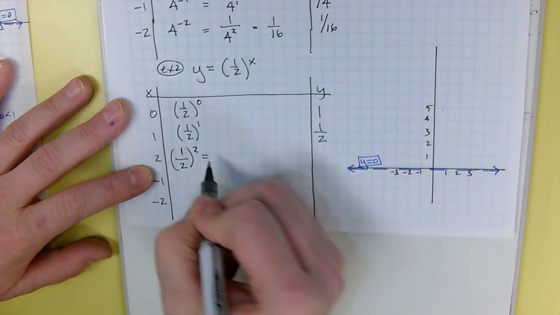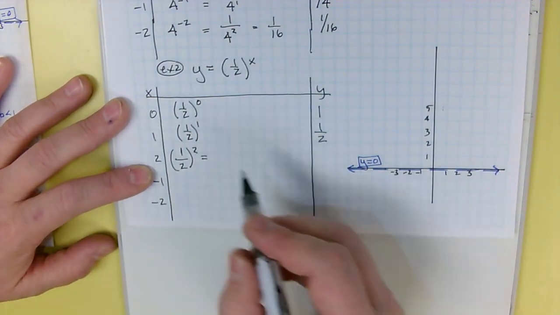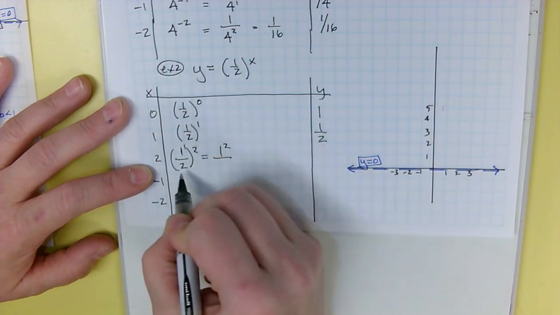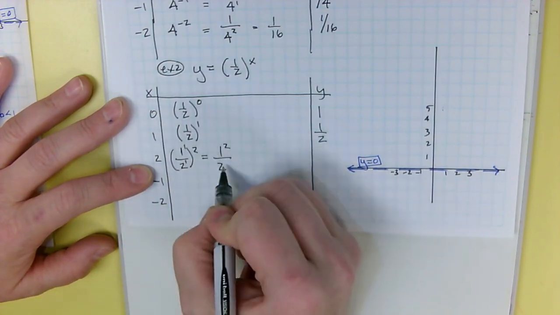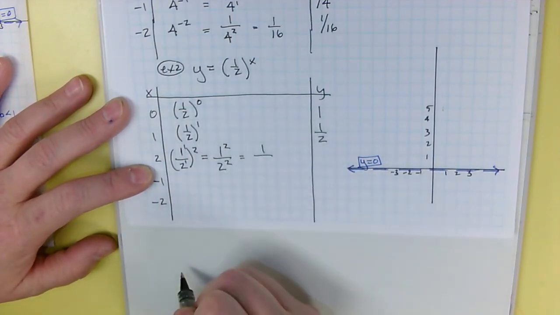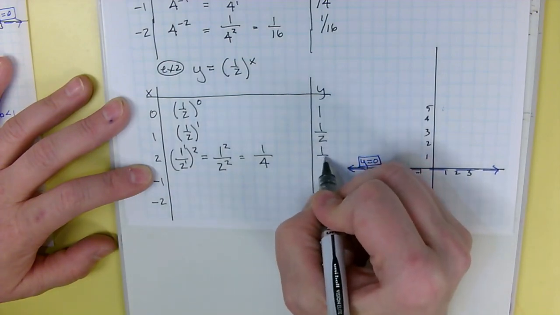Now 2. 1/2 squared. You're going to need to distribute that 2. So you have a 1 to the 1 times 2, which is 1 squared, over 2 to the 1 times 2, which is 2 squared. 1 times 1 is 1. 2 times 2 is 4. We get a 4th.